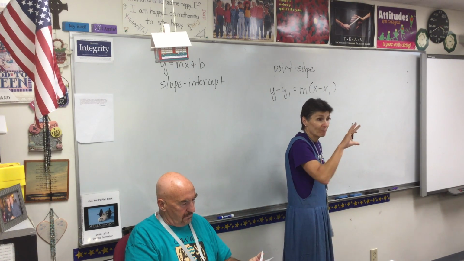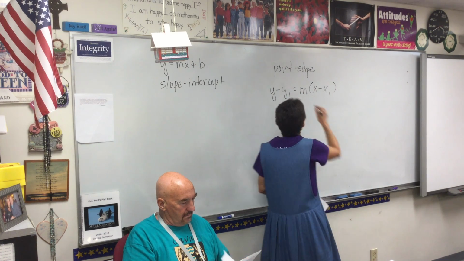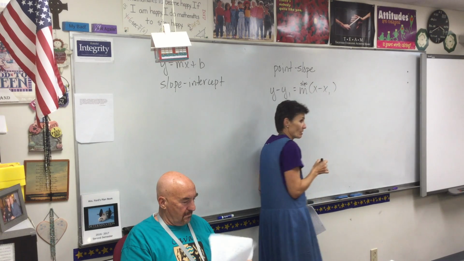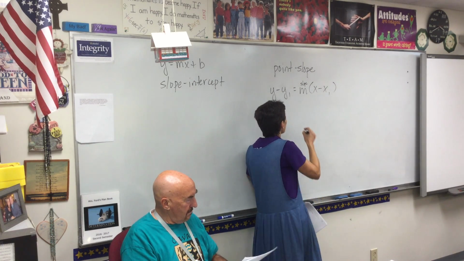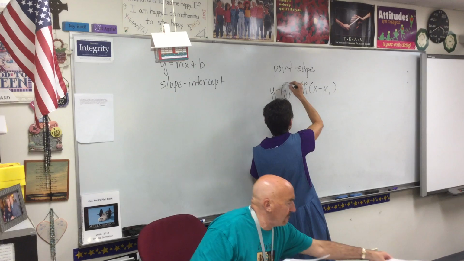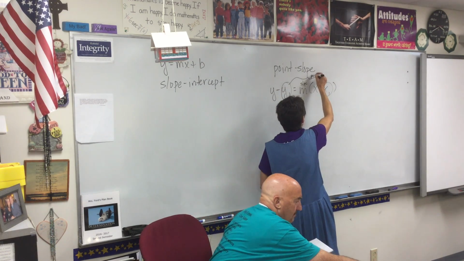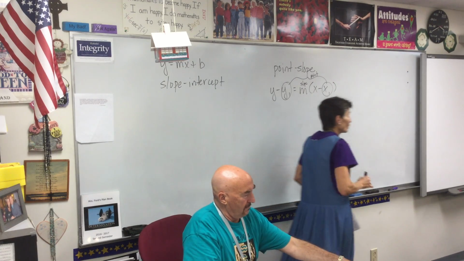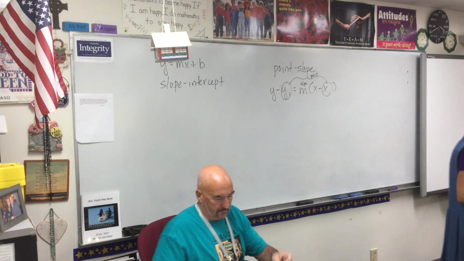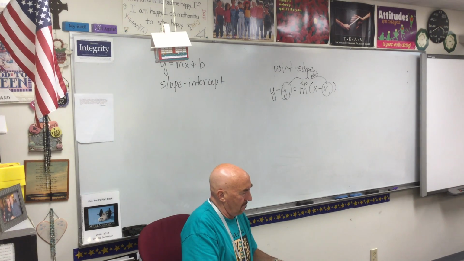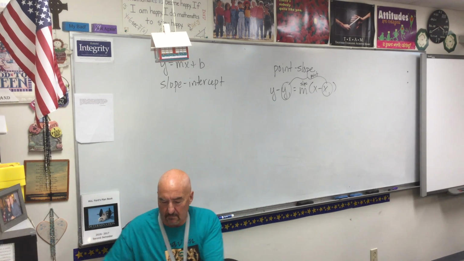Now, in that formula, m, of course, is the slope, because m is our slope letter. And then your point is the x1, y1. If you are going to use point slope, you have to have a point and you have to have the slope.